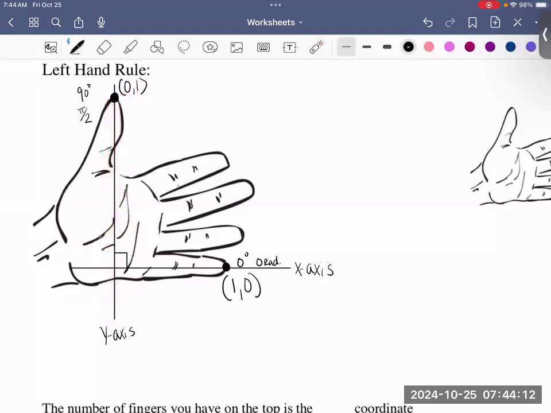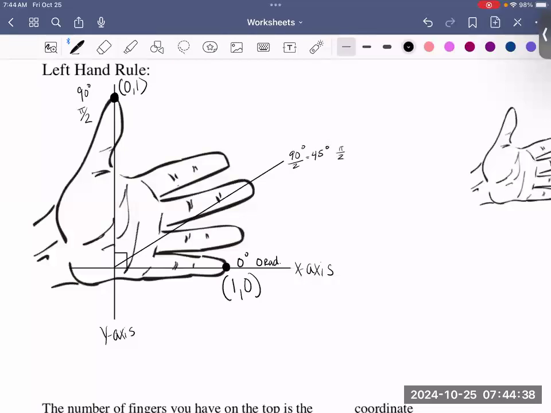Now, let's take some of these other fingers. Let's cut your 90-degree angle in half. Take your left hand, and we're going to cut it in half and figure out your middle value. Your middle finger here represents cutting your 90-degree angle in half. So 90 degrees divided by 2 is a 45-degree angle.